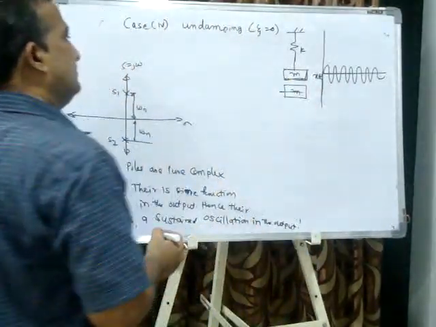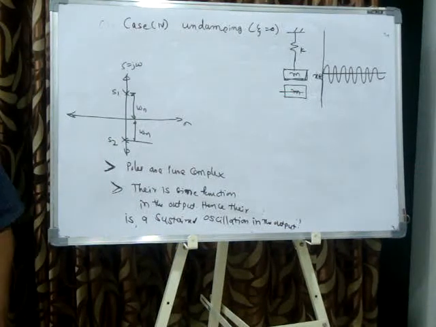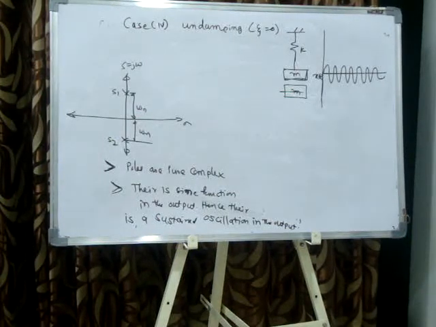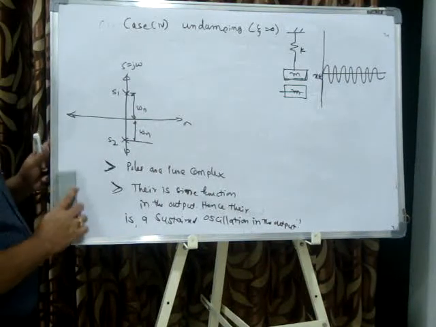So in a vacuum, no damper, zeta is 0. This is the response. So quickly we came to know all four cases, case 1, case 2 and case 3.